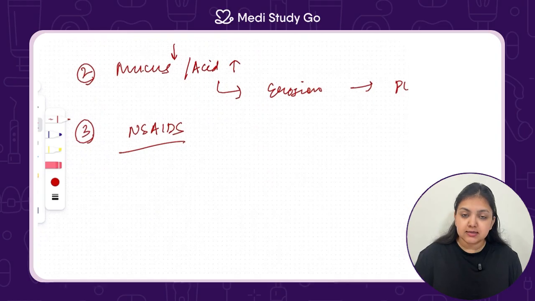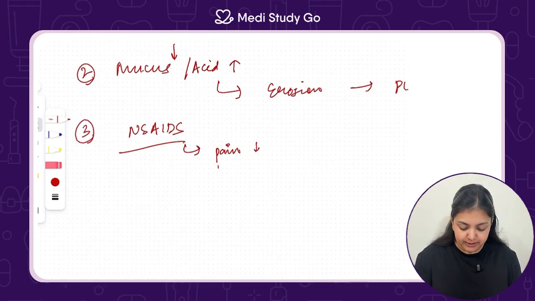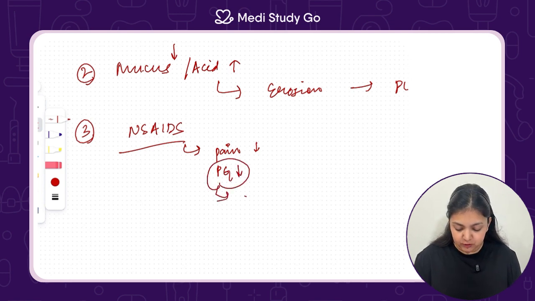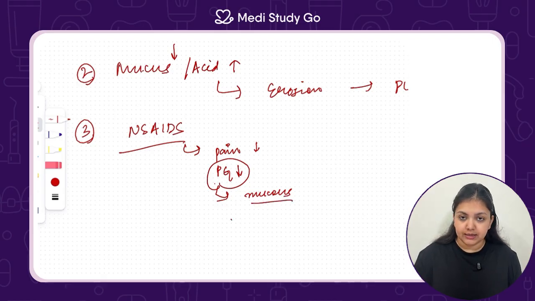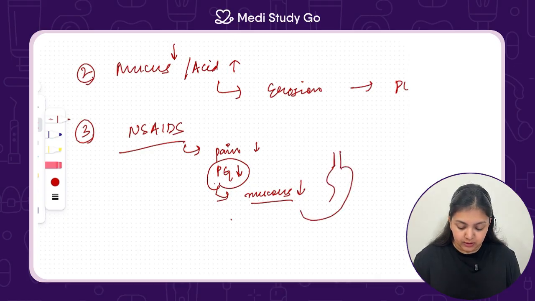Now NSAIDs are something which work to decrease the pain, and they decrease pain by decreasing prostaglandins. Now prostaglandin is an enzyme which is responsible for the production of mucus. If prostaglandin decreases, obviously mucus will decrease, and if mucus decreases, it means the lining of the stomach is absent and the acid will attack the lining of the stomach and cause the formation of ulcers.